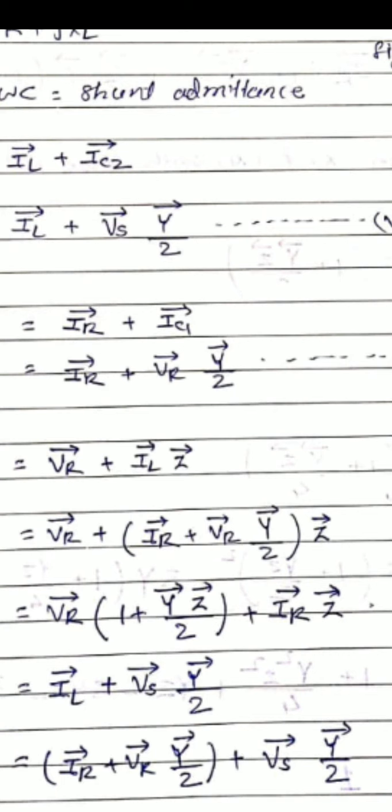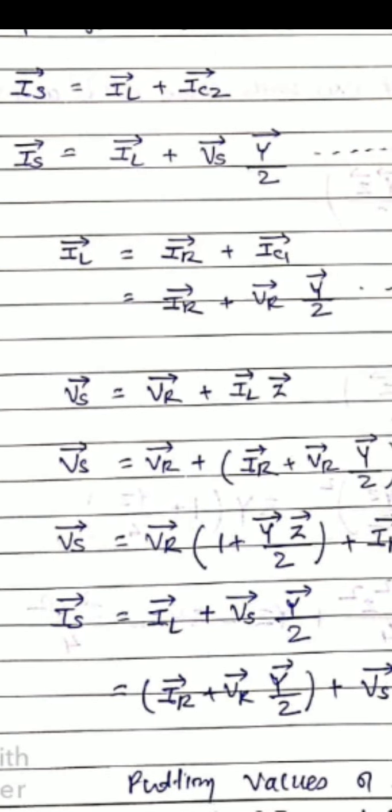Then IS is equal to IL plus Vs into Y divided by 2. Put the value of IL, that is IR plus VR Y divided by 2, plus Vs Y divided by 2.